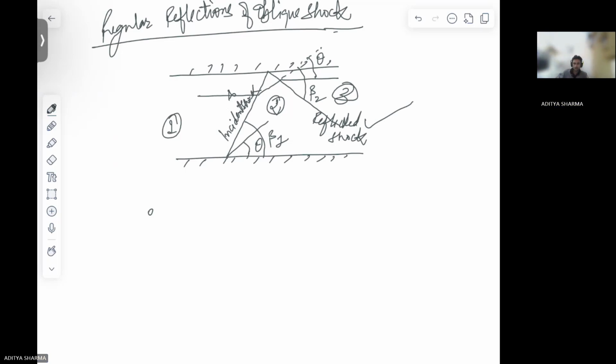And for this reason, your reflected shock wave angle, beta 2, will be less than your beta 1. So this is about your regular reflections of oblique shock.